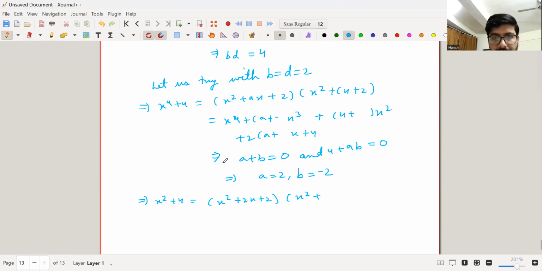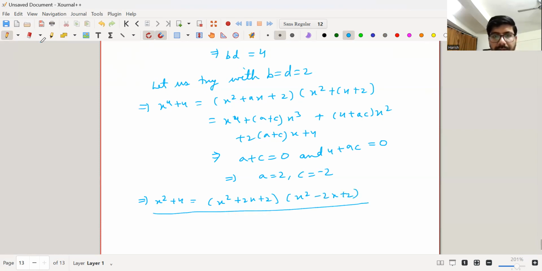So a + c is equal to 0, and 4 + ac is equal to 0, and then a is 2 and c is equal to -2.